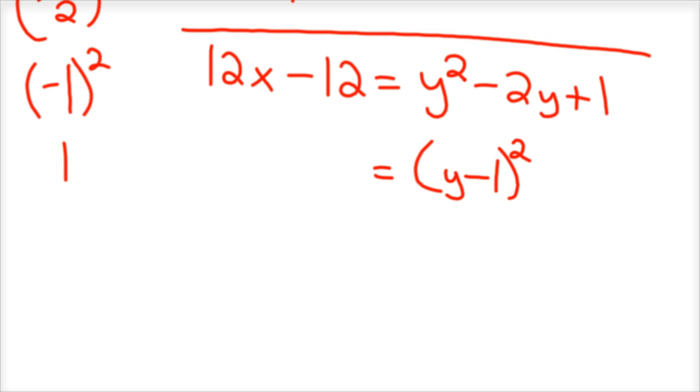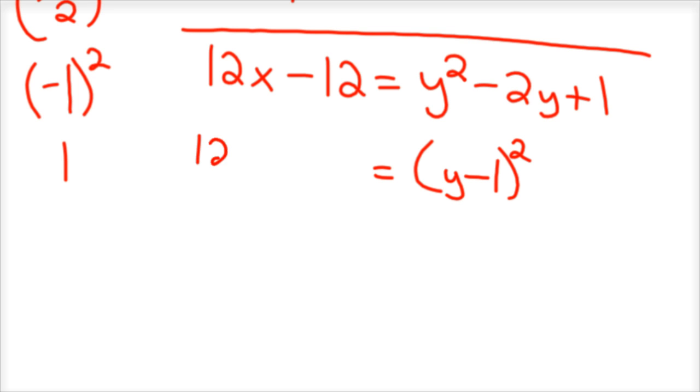I'm skipping some steps to do that, so post a question if you're not sure about what I did there, and I can make another video. Or look up factoring perfect squares, and you'll see lots of examples of what I did.